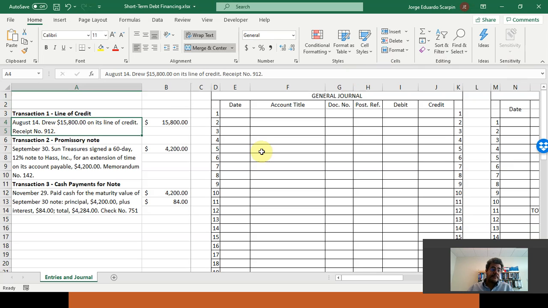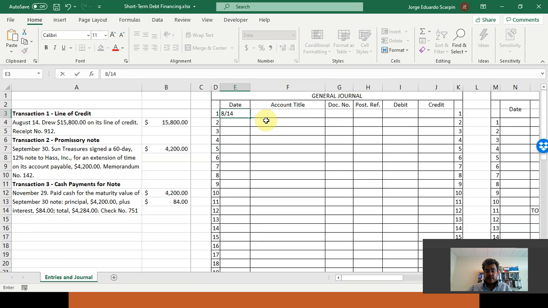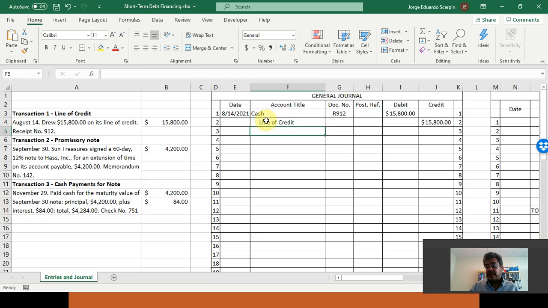So, okay, August 14th, drew $15,800 on its line of credit, receipt number 912. So here, August 14th. A line of credit is increasing our cash. And then, debit cash, document receipt 912, debit 15,800, and credit line of credit also 15,800.